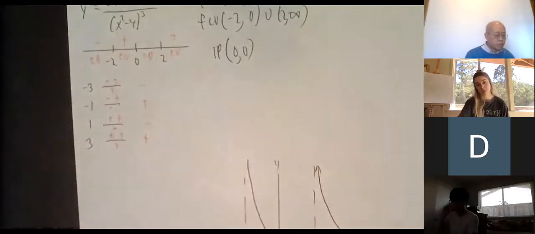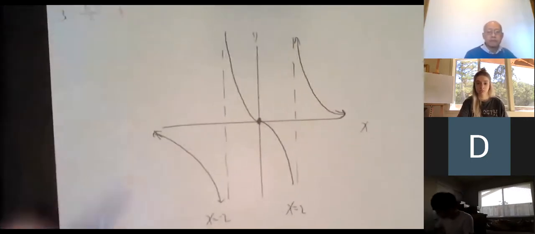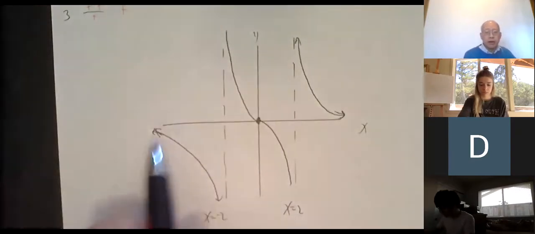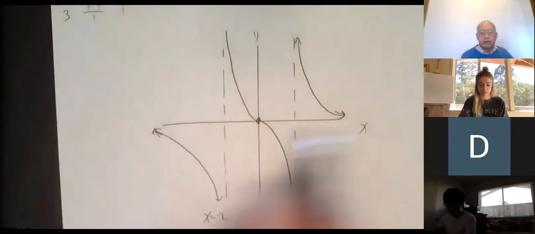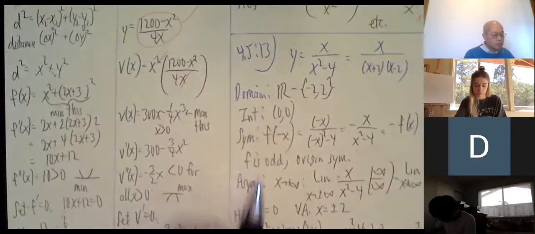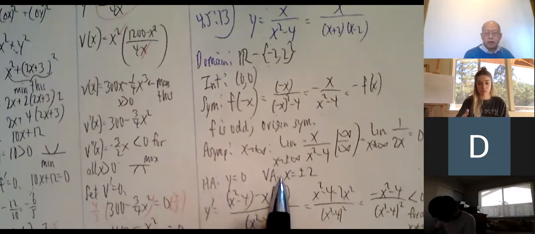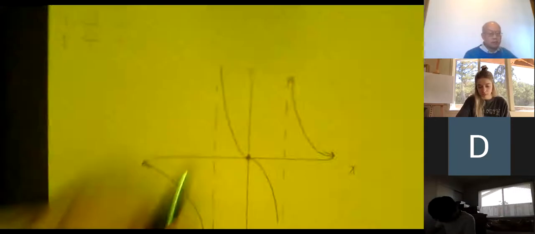Okay, so trying to put all the pieces together. Here we go. Okay, asymptote, asymptote. When I go way out there and way out there, I approach y equals 0, because I have y equals 0 as a horizontal asymptote. Vertical asymptotes are plus or minus 2.